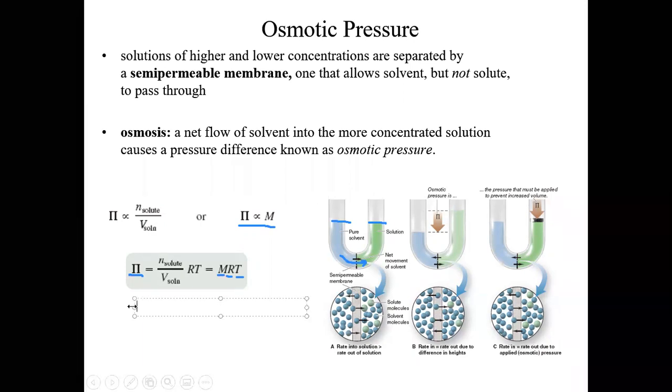So again, T has to be in Kelvin. R is the universal gas constant, which is 0.0821 liter atmosphere per mole Kelvin. And this is the equation we use to calculate osmotic pressure or to calculate the concentration of a solution.